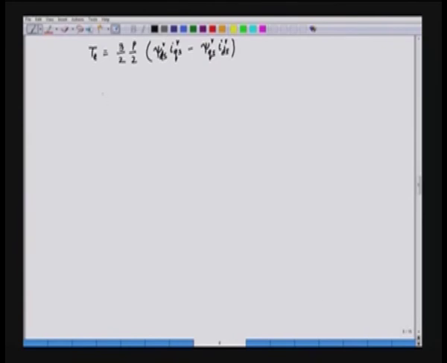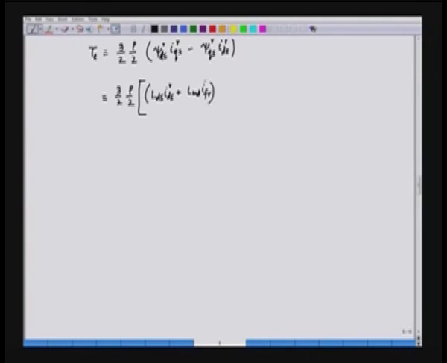So, we will be replacing all these expressions in this equation. So, 3 by 2 into P by 2. What is psi d s? Psi d s is given as L d s into I d s plus, we have the expression in this case, L m d into I f r, into I q s.